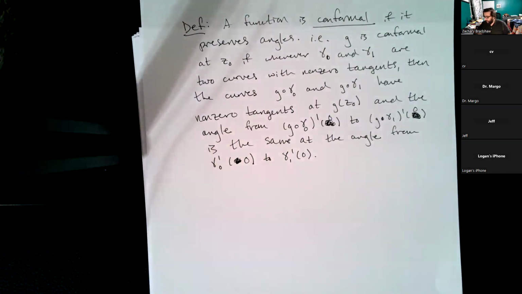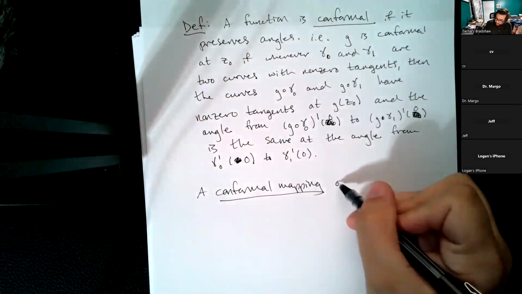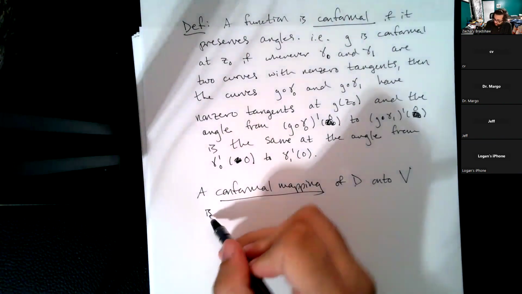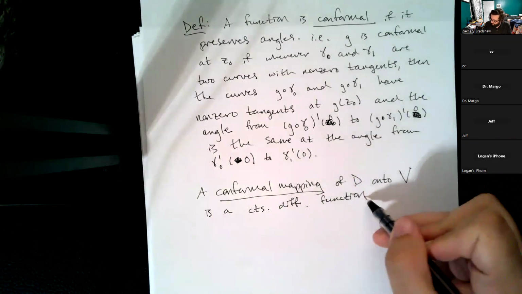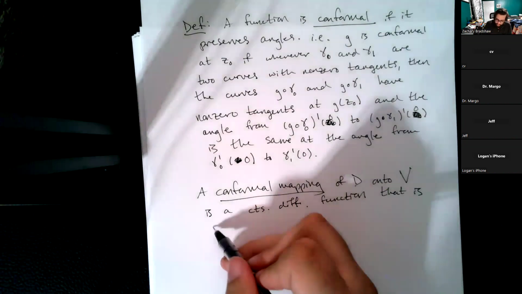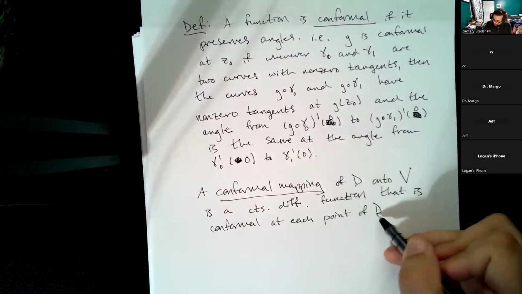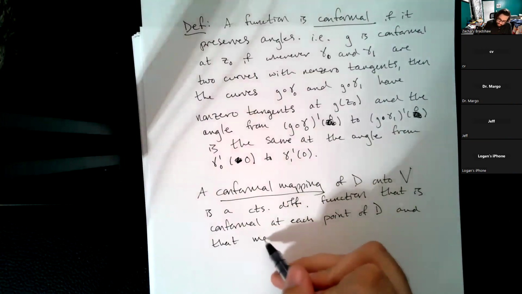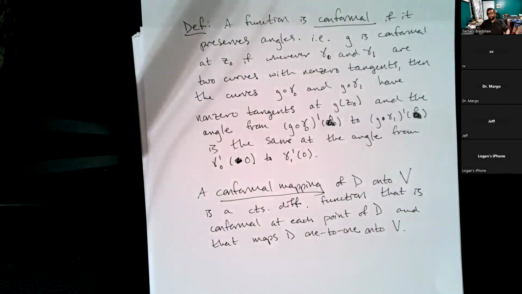Okay, and a conformal mapping of D onto V is a continuously differentiable function that is conformal at each point of D and that maps D one to one onto V. So we insert this extra assumption of injectivity into our definition of a conformal map.